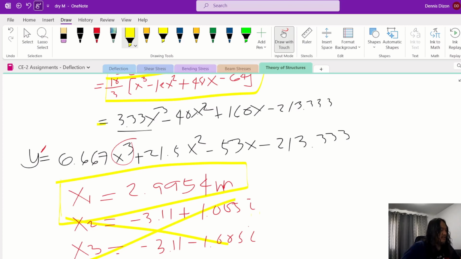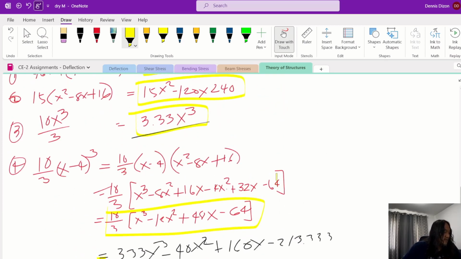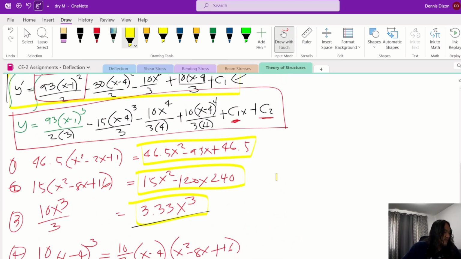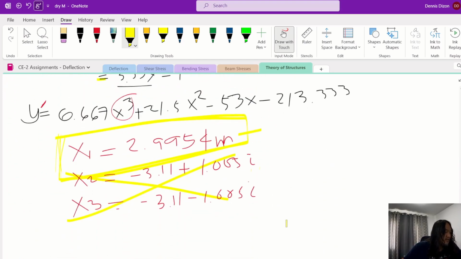2.9954 meters. If we substitute this value into our general deflection equation, we will substitute x with 2.9954.